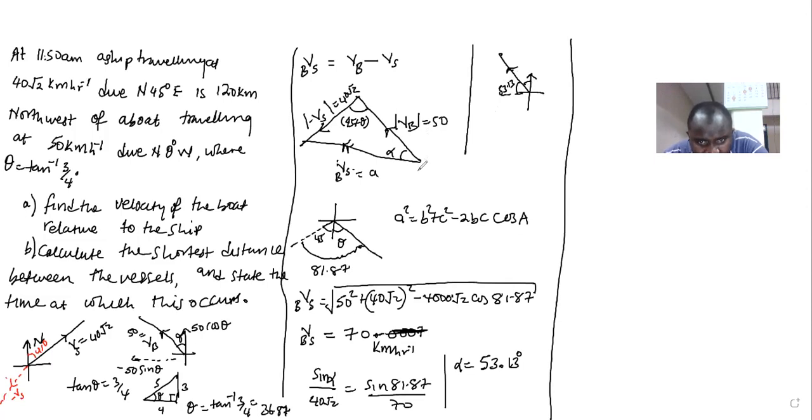You're sure alpha is 53.13? Yeah, it's 29 point, because it was going to be exactly in the west.